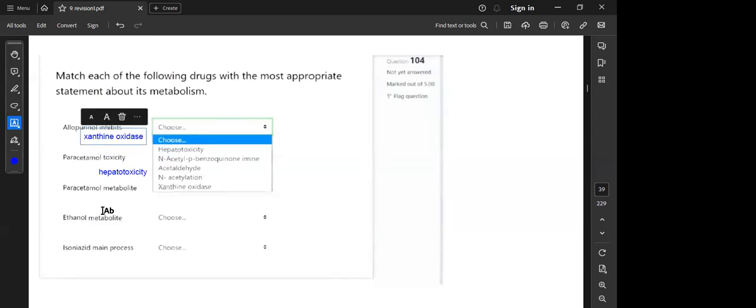Then there are ethanol metabolites, isoniazid main process.